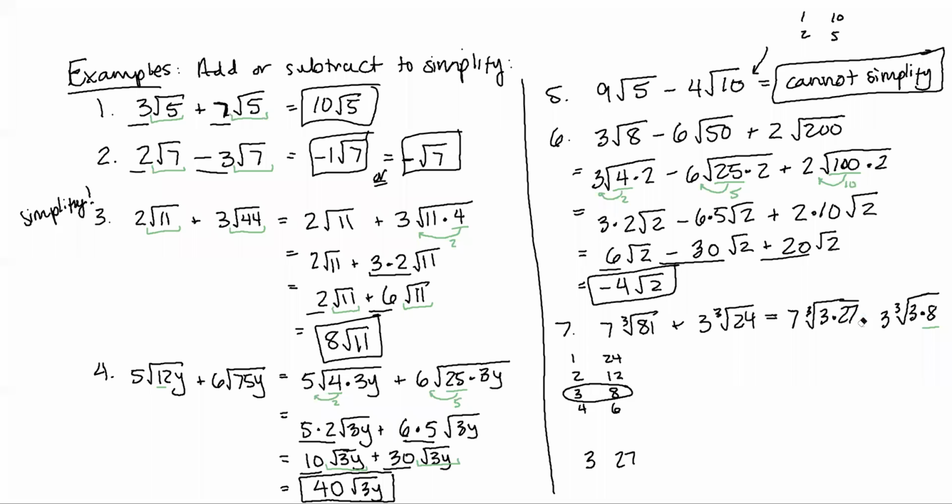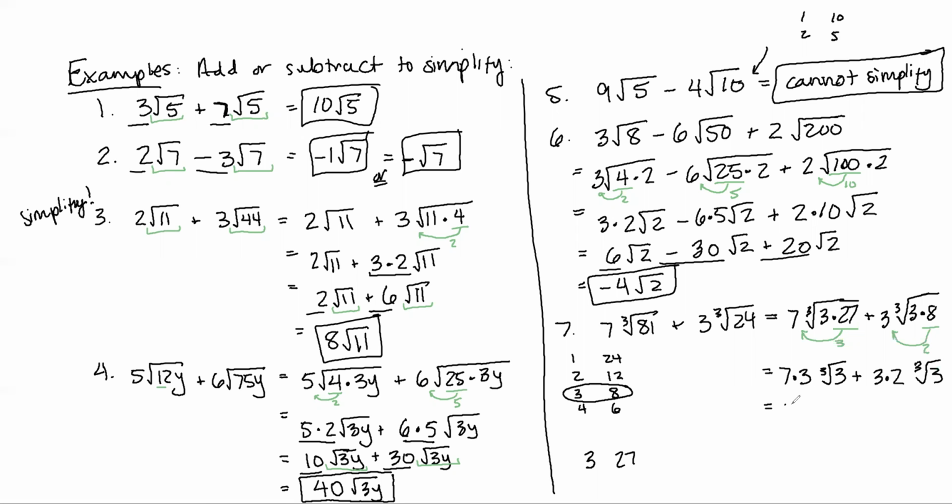Now if we simplify, we can take out the cube root of 27. The cube root of 27 is 3, and the cube root of 8 is 2. So now, just like we did before, we bring those numbers in front and multiply. We'll have 7 times 3 times the cube root of 3 plus 3 times 2 cube root of 3.